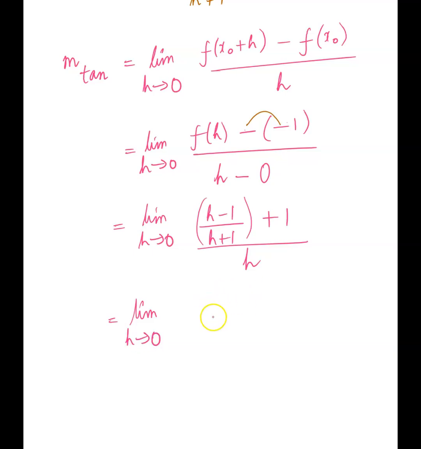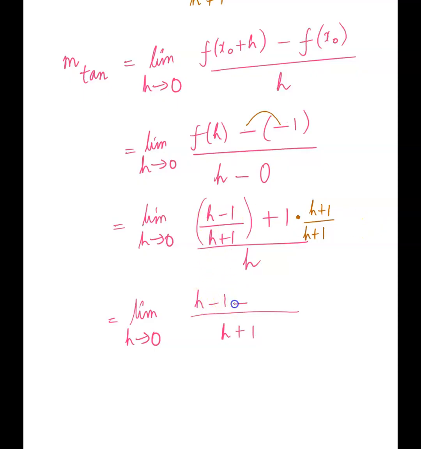The denominator, no problem. For the numerator, the LCD would be that you want to have them with the same denominator. So multiply up and down by h plus 1. And that gives us h minus 1. So h plus 1 is common, right? So combine the numerators.